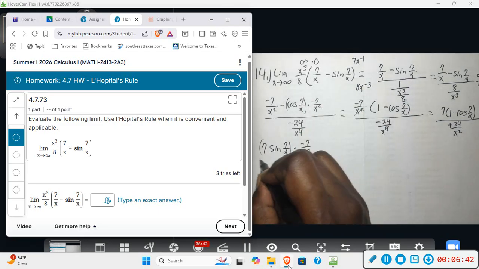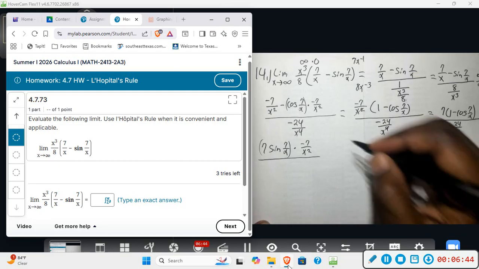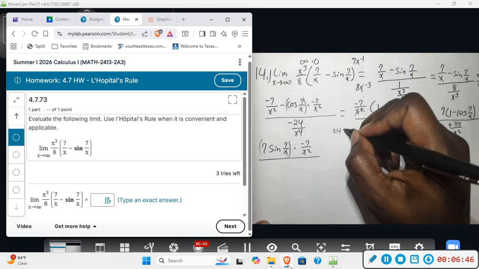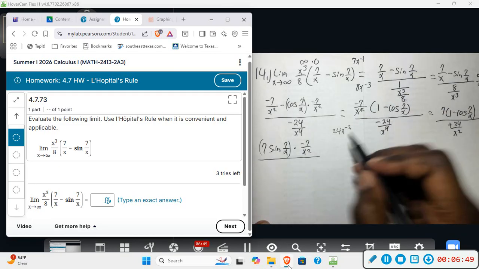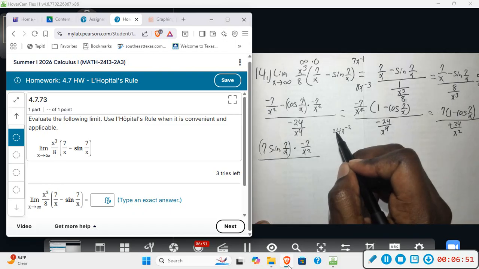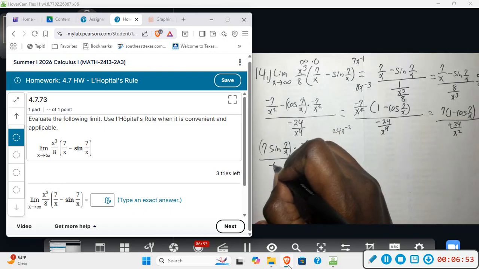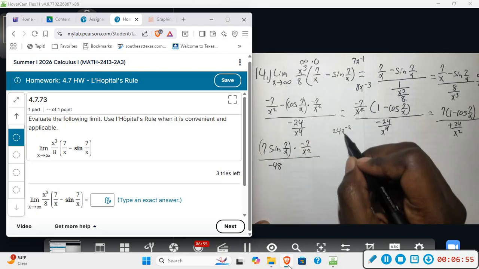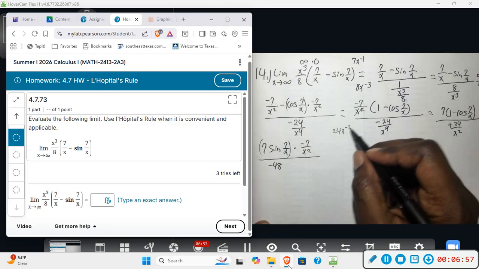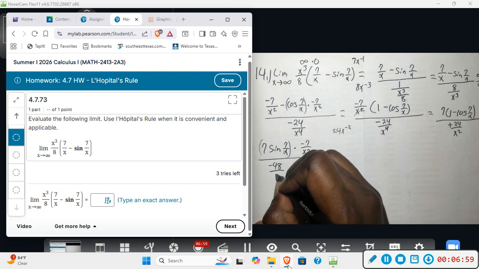And then on the bottom, treating this 24 as x to the negative second, just moving it up, so I can use power rule, times a negative 2, gives me a negative 48. And then subtract 1, which will be a negative 3, and then put it back down. So x to the 3rd.